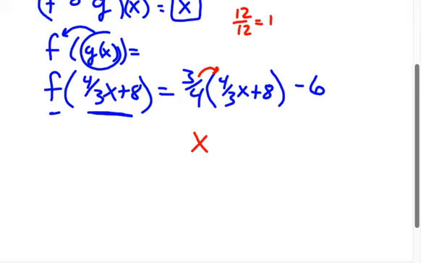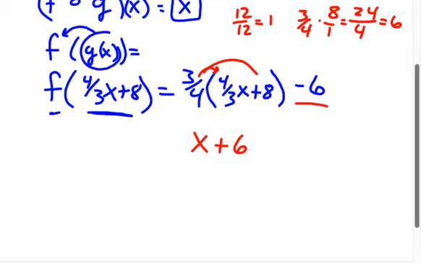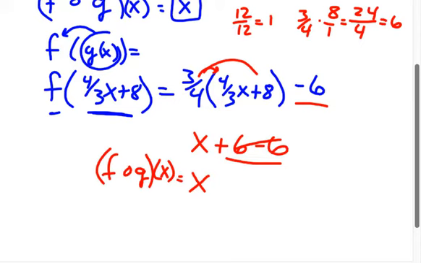So that's 1x plus 3/4 times 8, well that's 8 over 1, that is 24 over 4, or 6, minus the 6 over here. Simplifying it down, 6 minus 6, they cancel out, and you're left with x. Well, that means f of g, or f∘g, of x equals x, which is the identity function. So they are inverses of each other.